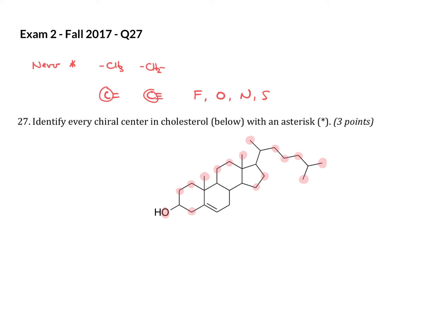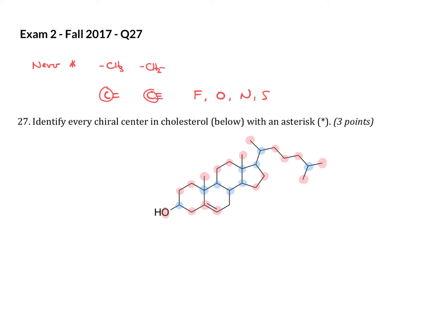We can forget about the alkene carbons. So now we're only left with a few places to examine. I'll highlight these positions in blue. Here, here, here, here, here, here, here, here, and here.